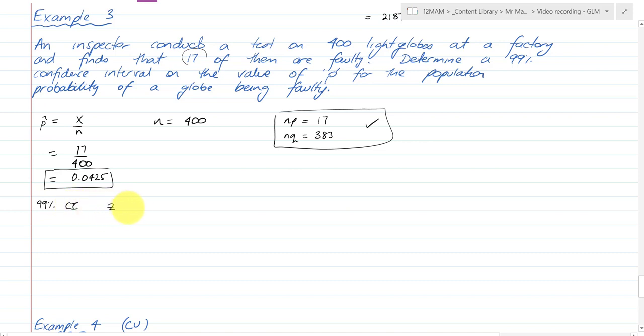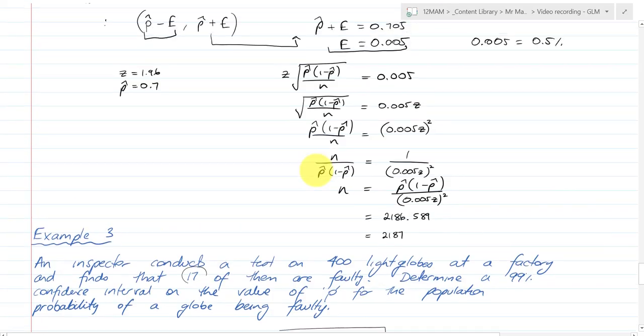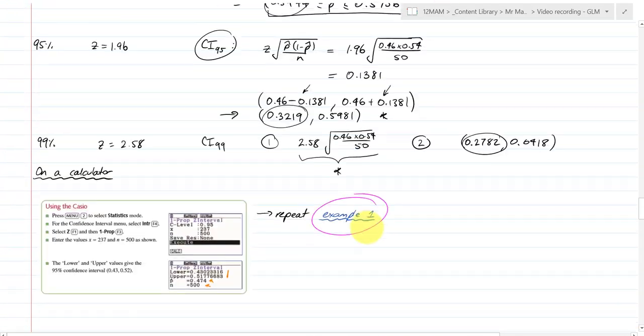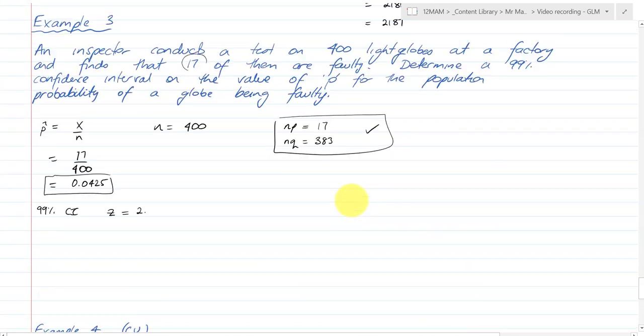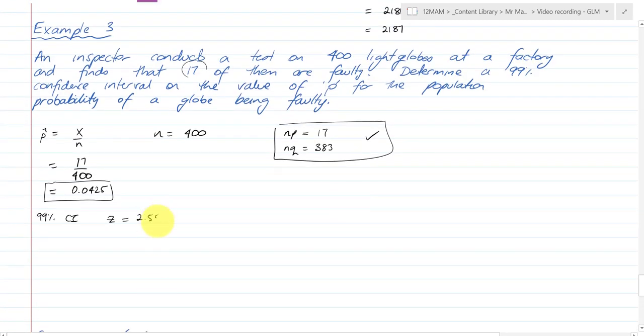And therefore z is equal to, not 2 point something, 58? I can't actually quite remember. 2.58, yep, that's it. So remember, you can get that off a calculator. z is equal to 2.58.